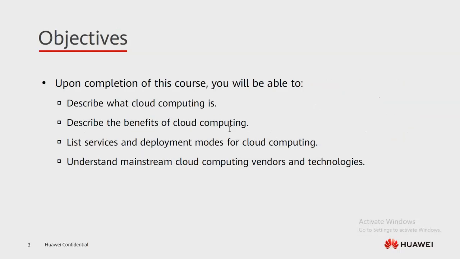In this chapter, we hope to describe what cloud computing is, giving its basic definition, and to describe the benefits of cloud, list some cloud services and deployment models, and understand the mainstream cloud computing vendors, because many companies provide cloud services, including AWS, Amazon, and other cloud vendors. We will see some of them and discuss the services they provide to users.